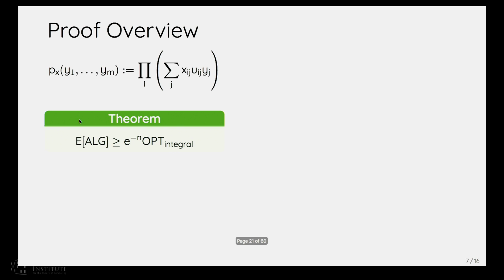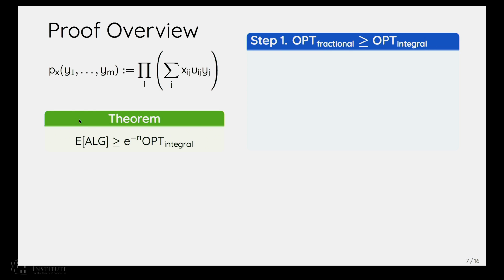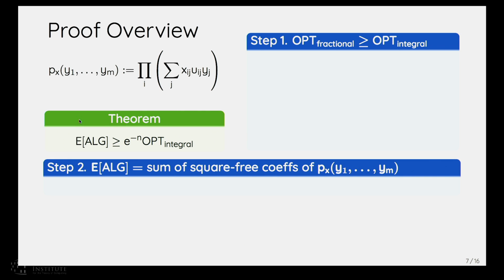All right. So this is an overview of the steps involved in the proof. This is the same polynomial that appeared in the fractional relaxation, and this is the theorem we want to prove. So step 1, I've changed the fractional solution, so it's not even clear now that this is a valid relaxation. So I have to prove that the fractional optimal solution is at least as much as the integral optimal solution. Step 2 is to show that the expected value of the algorithm is related to what I'm going to call the sum of square-free coefficients of this polynomial.